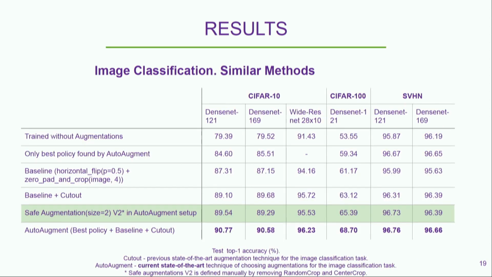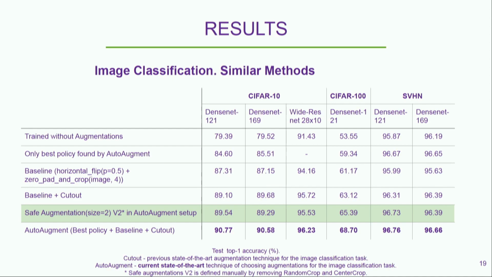We also compare our approach with these 2 mentioned previously. Here we trained without augmentation, only with the best policy found by AutoAugment, with baseline augmentations, Cutout, our augmentations, and AutoAugment setup. So our augmentation plus baseline plus Cutout and AutoAugment.